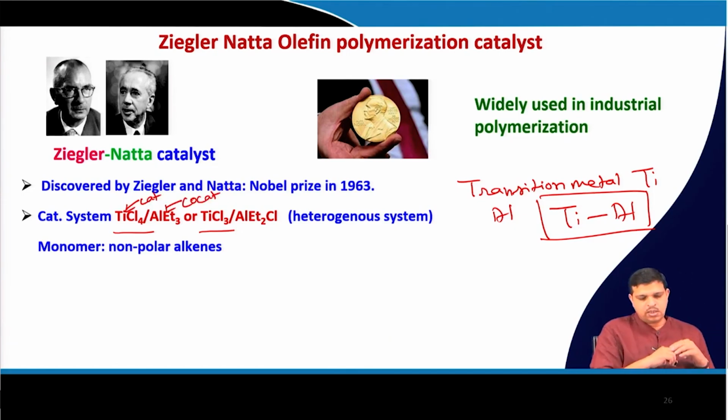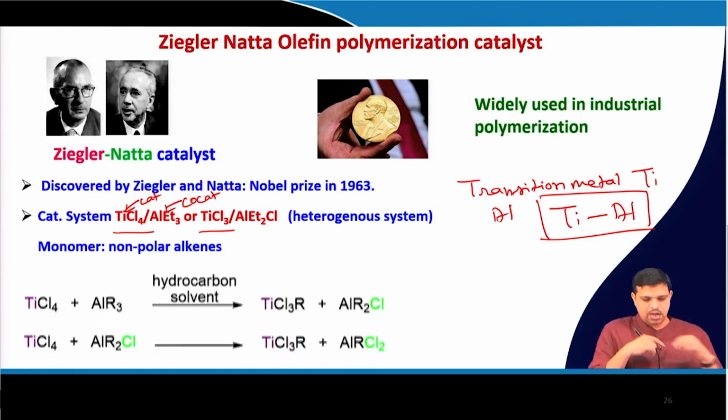The catalyst and co-catalyst are both needed to initiate the polymerization, and most of the general Ziegler Natta catalysts are either TiCl4 with AlEt3, triethyl aluminum, or TiCl3 with diethyl aluminum chloride. It's a heterogeneous system, and the polymerizations are performed in hydrocarbon solvent.